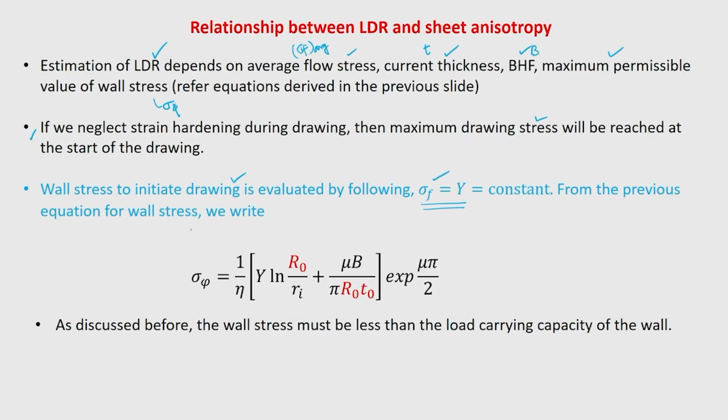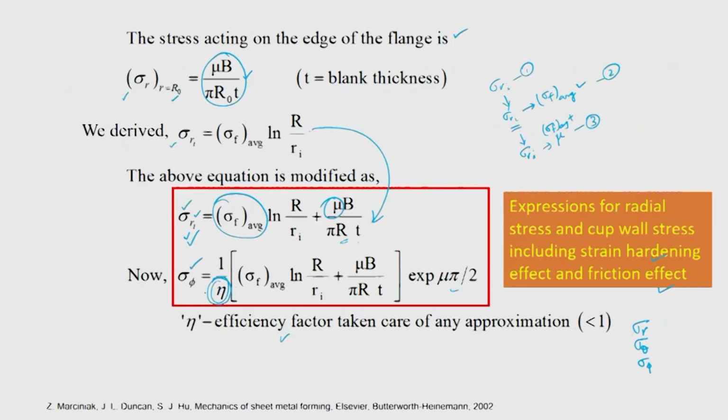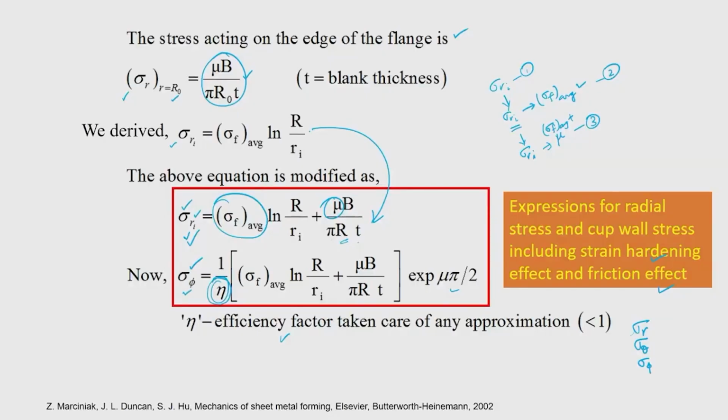So, from the previous equation for wall stress, we are going to concentrate on cup wall now rather than flange. Now, flange is being converted into a cup wall. So, what is happening in the cup wall is the main thing now. So, sigma phi is nothing but 1 by eta sigma f average ln of R by Ri plus mu B divided by RT into exponential mu pi by 2, right.